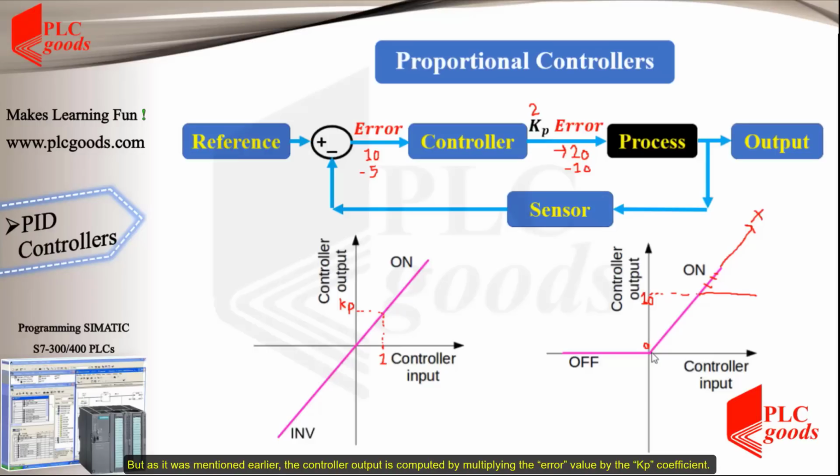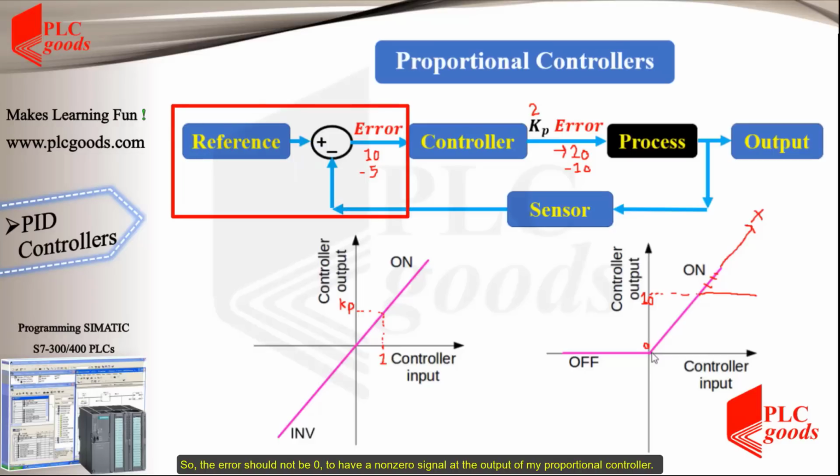But as it was mentioned earlier, the controller output is computed by multiplying the error value by the KP coefficient. So the error should not be 0 to have a non-zero signal at the output of my proportional controller. In this condition, the proportional controller can open the inlet valve.